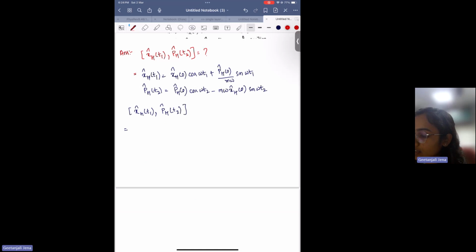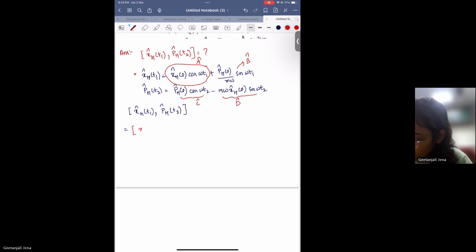Now you can take these terms, the first term is A, this is B, this is C, this is D. Similar to the previous problem, you can write it.